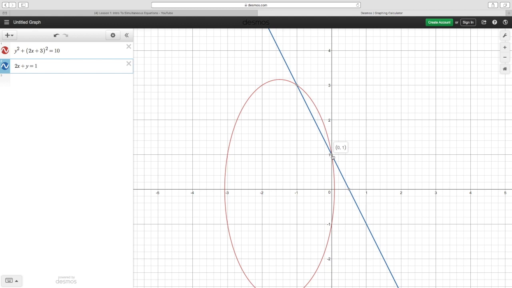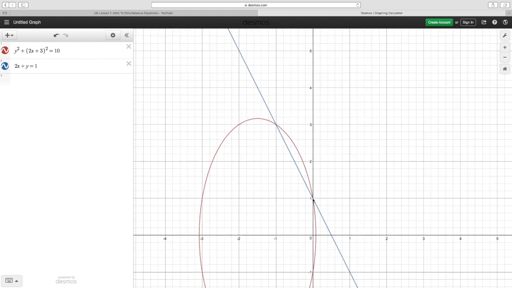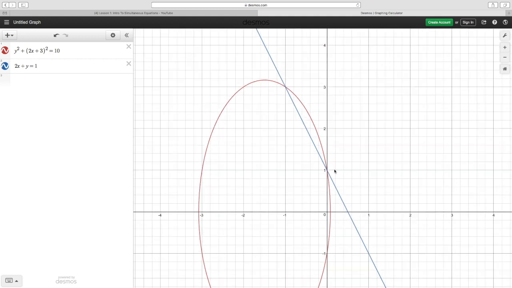So those would be the solutions to our system of simultaneous equations, right? We've got 0, 1, and we've got -1, 3. So Desmos is a really good tool to check your answer when you have problems figuring out, hey, did I get the right answer on this question? And it can really help you out.